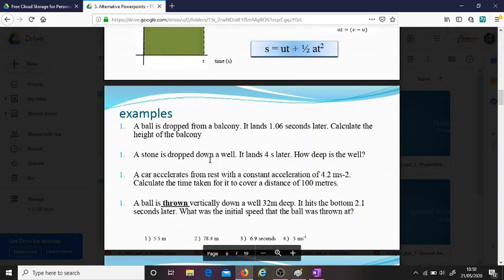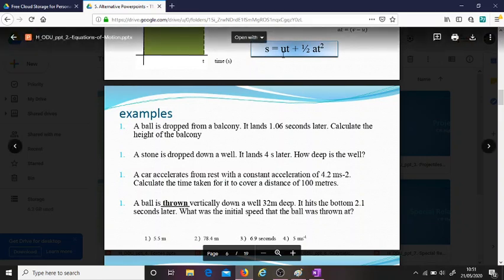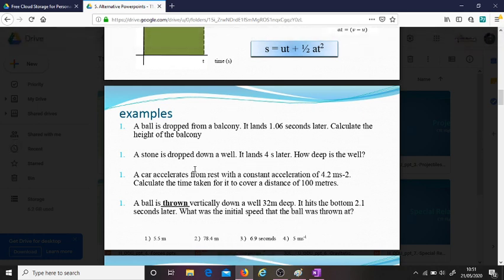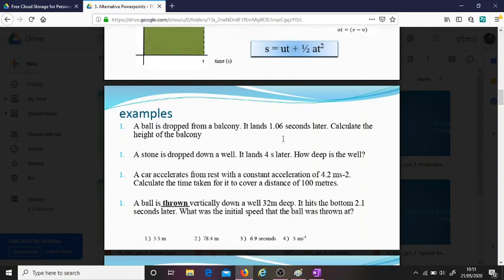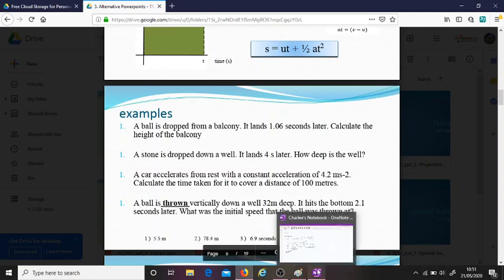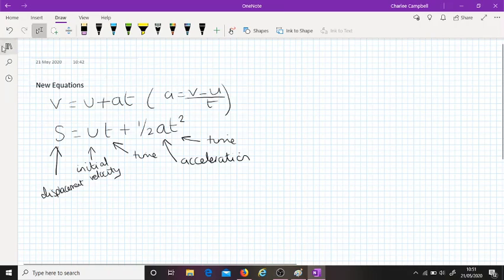If you wanted to pause this video now and try these questions and see if you get these solutions, and that's the equation you need to use for them, then go ahead. And then I will go through the solutions just now. You can either pause it, try it yourself, and then have a look at the solutions, or have a look at them first and then do that, whatever works for you.